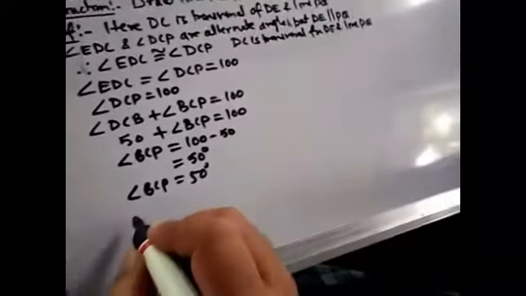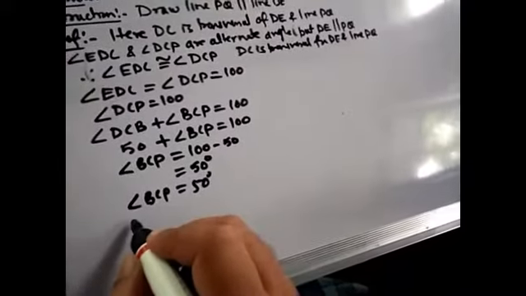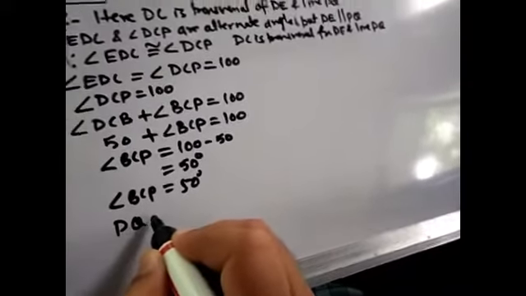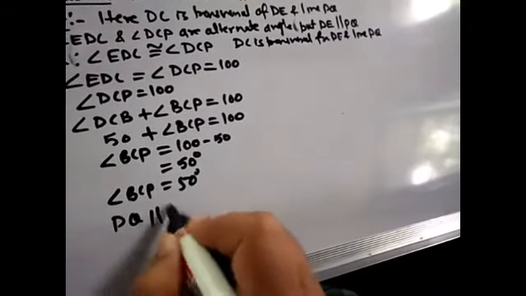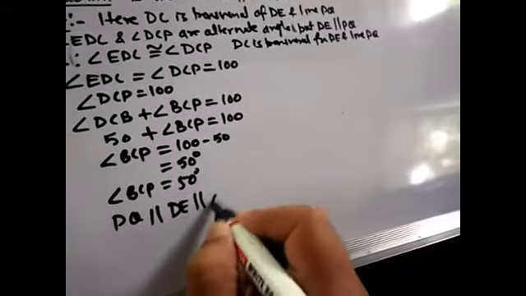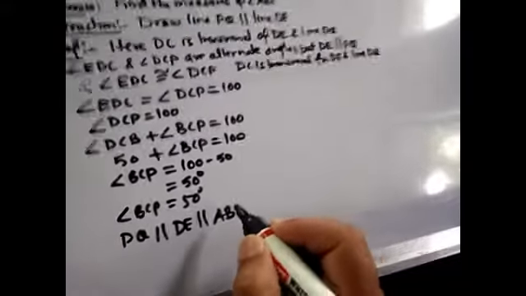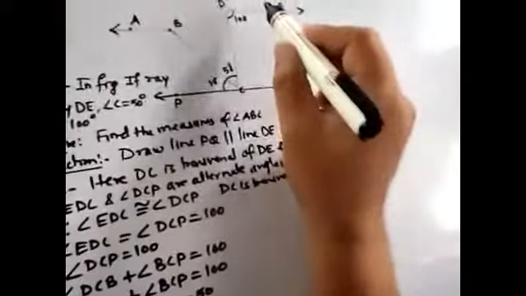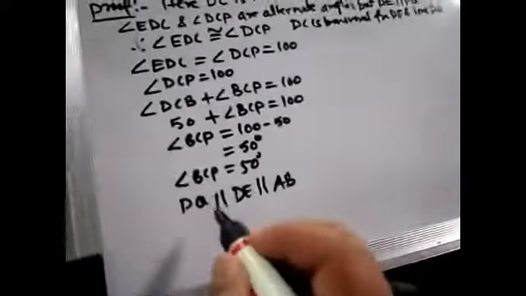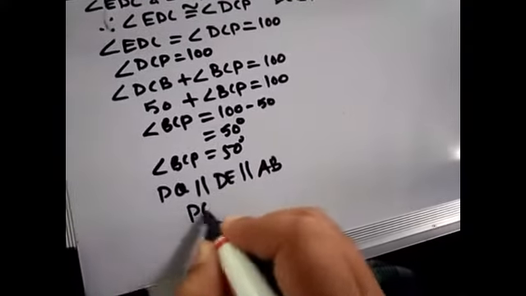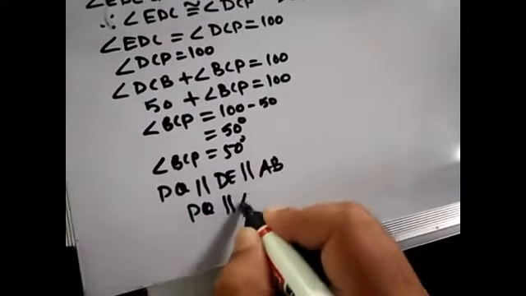Now after that, PQ is parallel to DE, DE is parallel to AB. Again we can say that PQ is parallel to DE, which is parallel to AB. So PQ is parallel to AB.